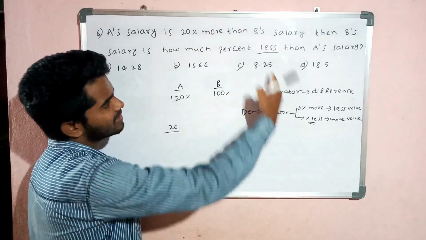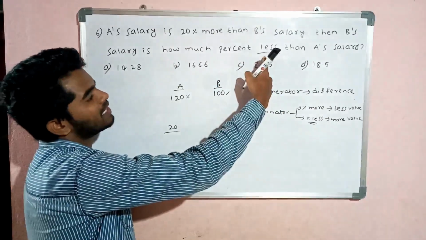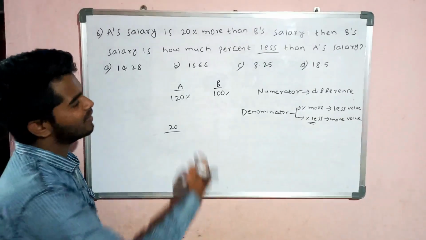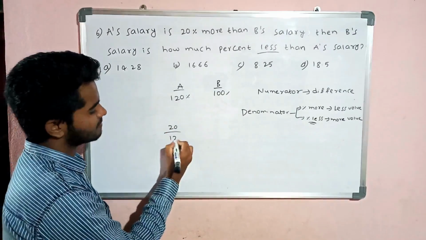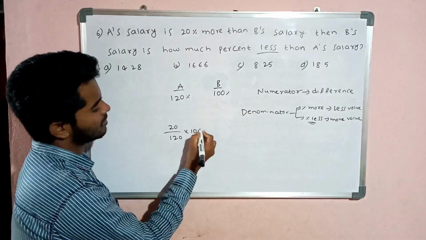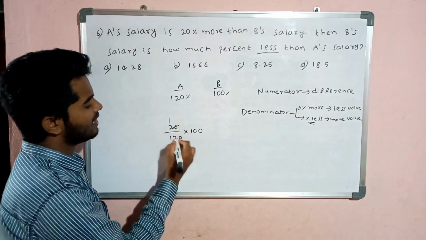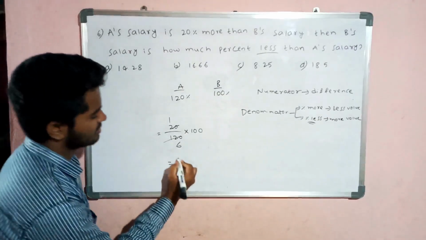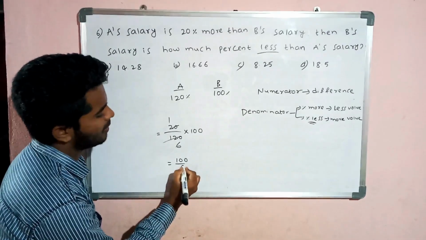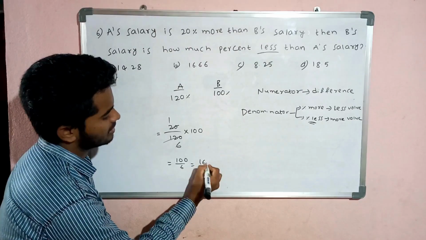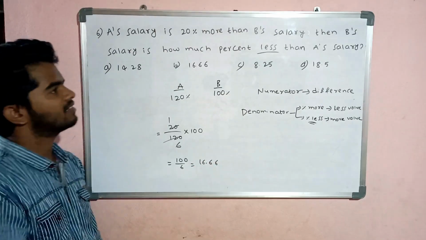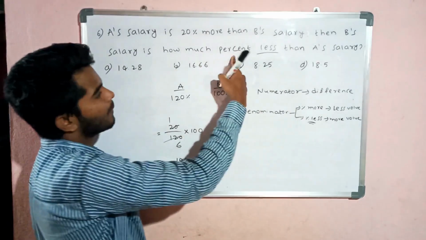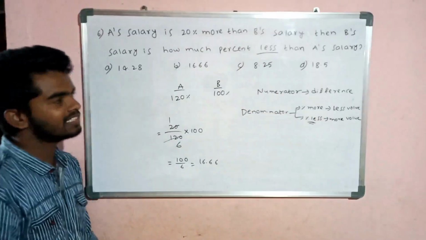Denominator is the more value, 120% into 100. 20 by 120 is 1 by 6, so 100 by 6 equals 16.66. B's salary is 16.66% less than A's salary.